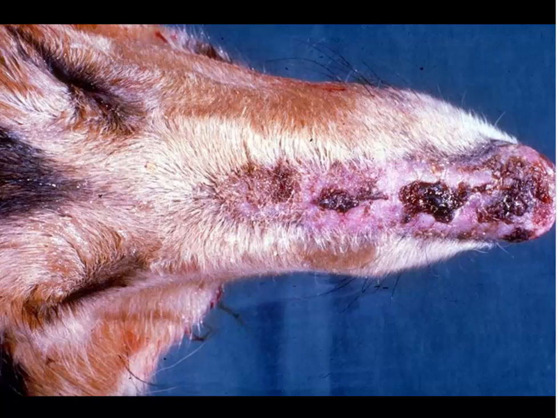The lesions of lupus generally affect the poorly haired areas of the face, including the nose and the lips and the tips of the ears, the limbs, and may also be seen along the ventral abdomen, the axillae, and the groin.